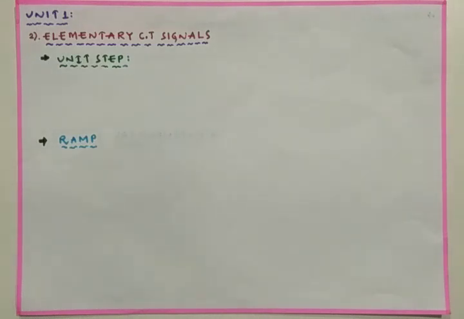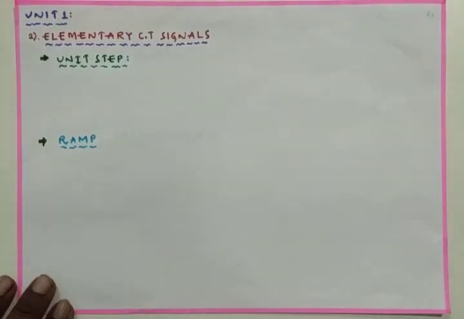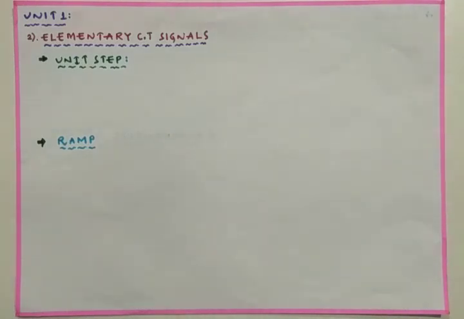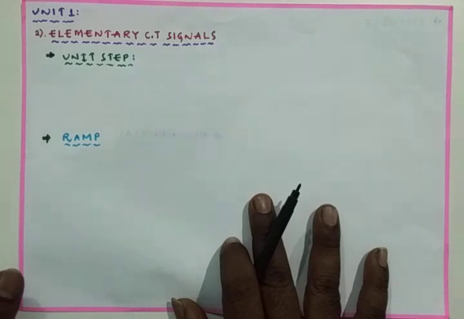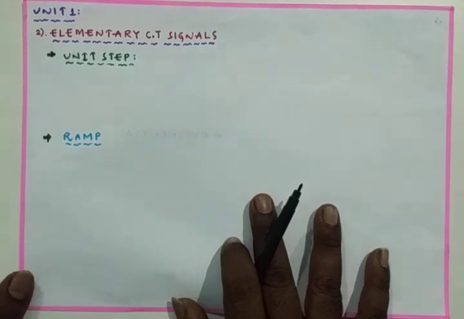So not only the classification of the continuous elementary signals, I also discussed one particular type of elementary continuous time signal, that is unit step signal. Here we have to discuss all the elementary signals in continuous time only, but in the 4th unit the same things we have to discuss in discrete time.